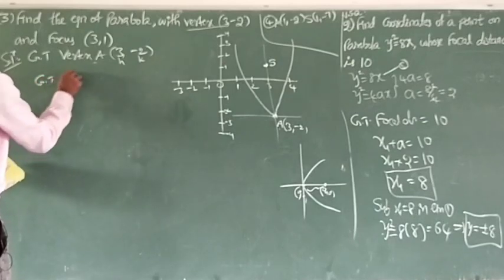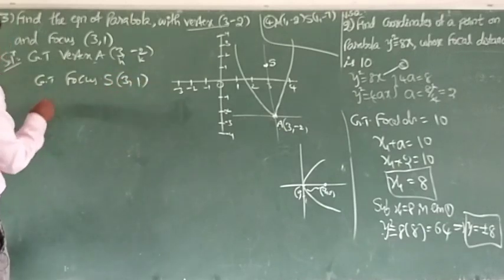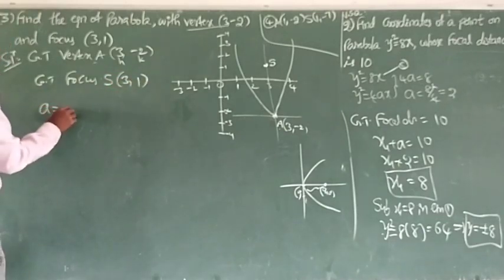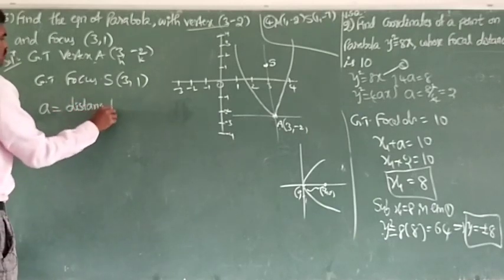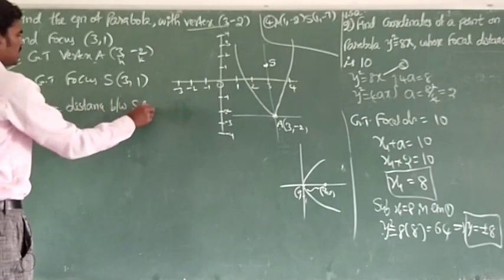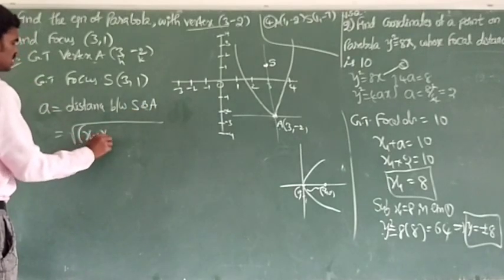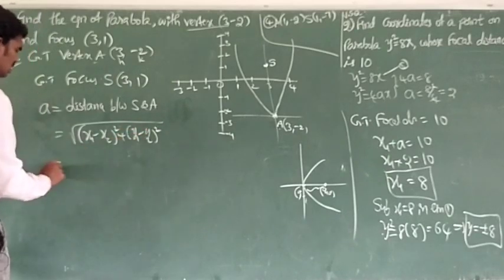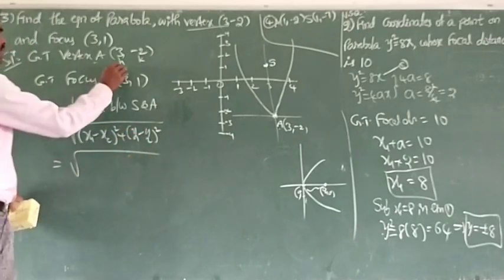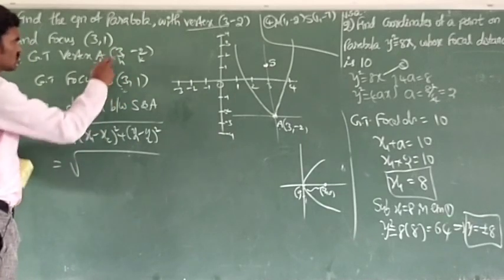Given that focus S is 3 comma 1. Now small a is the distance between S and A. So using the distance formula, root of (x1 minus x2) whole square plus (y1 minus y2) whole square, here x2 means 3.